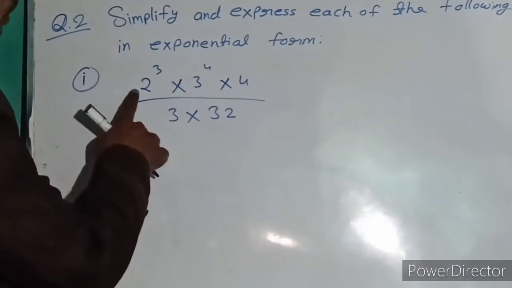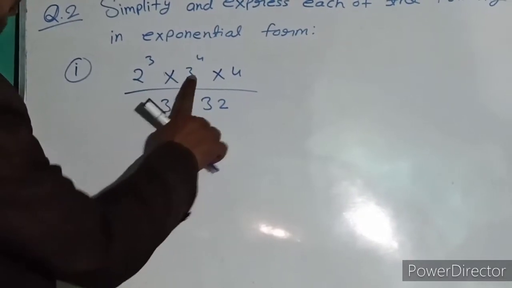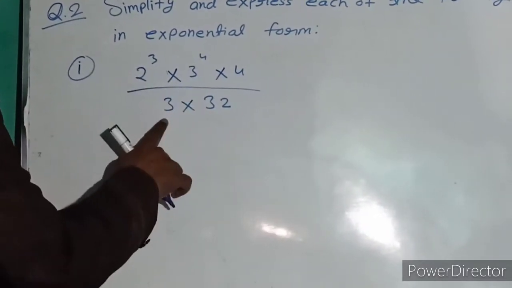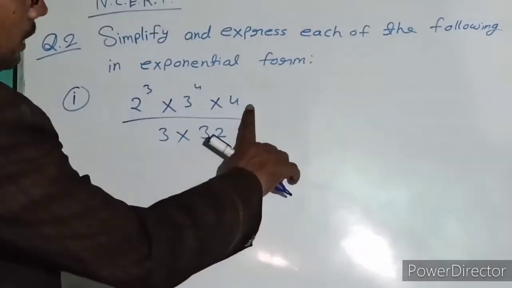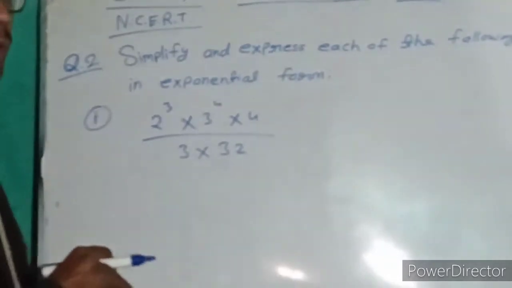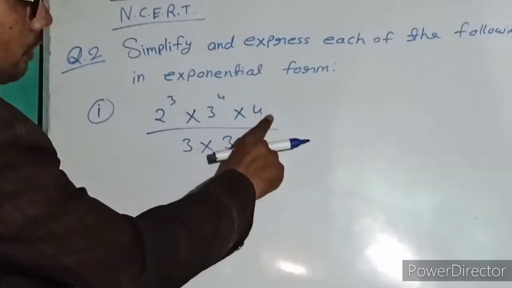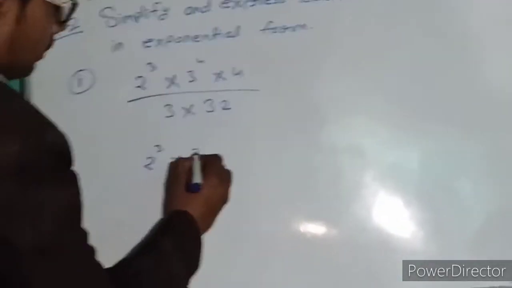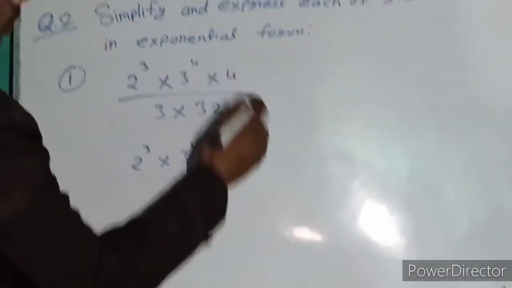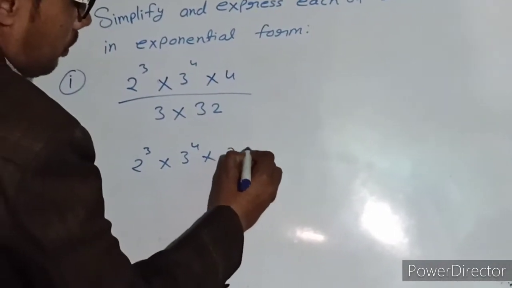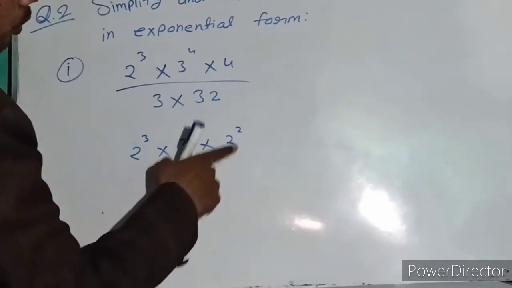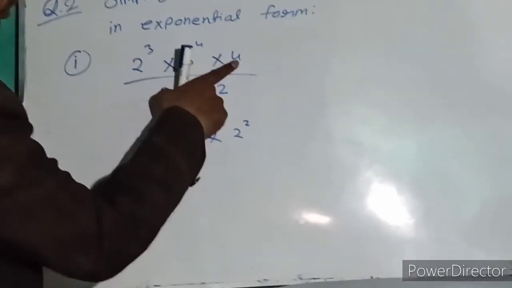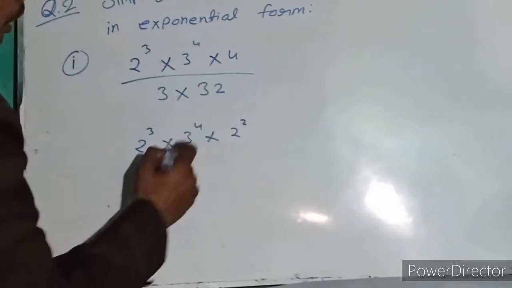In this question, these three numbers are in the simplest form, but the other two numbers are not. So first of all, we will change these numbers into simplest form. This way: 2 raised to the power 3, 3 raised to the power 4, and 4 we can write as 2 raised to the power 2.